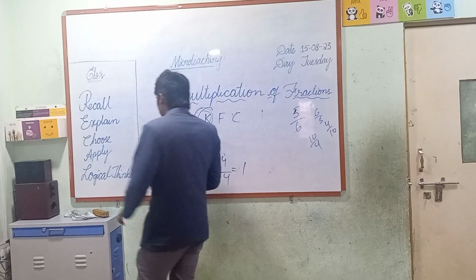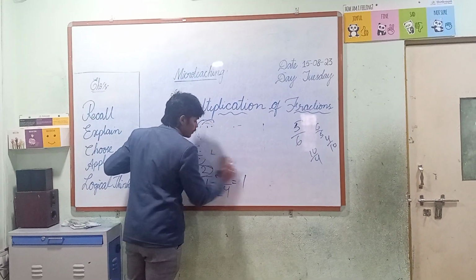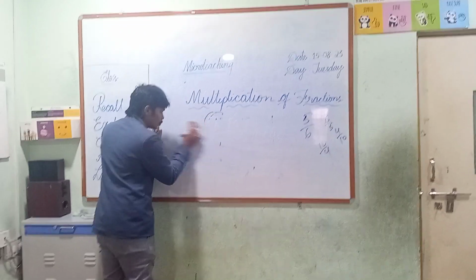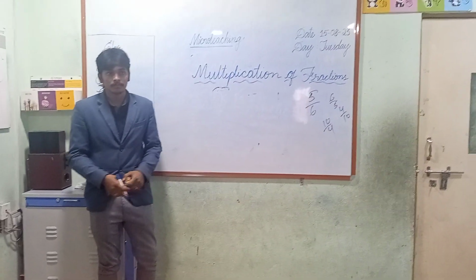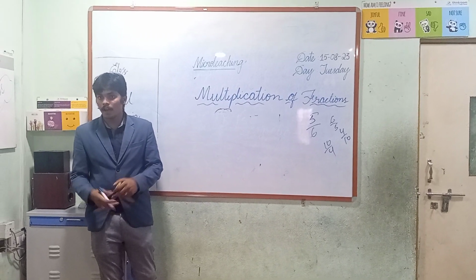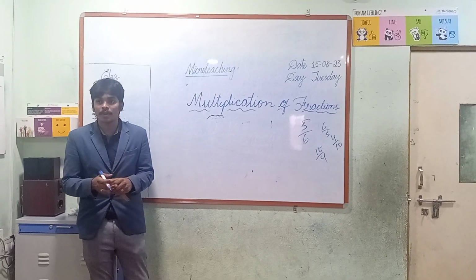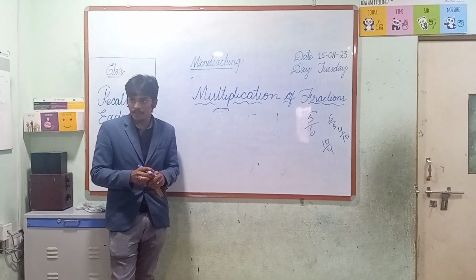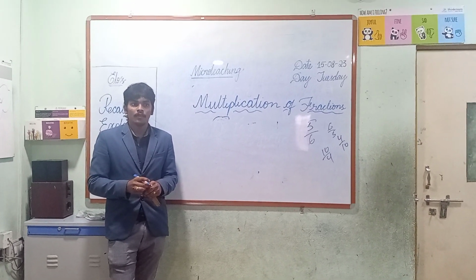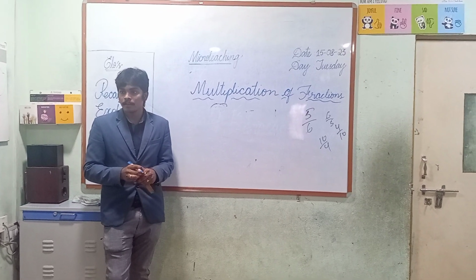Okay, so let us recall. Whenever you are having two fractions and we have to multiply, what do we have to do? Multiply numerator with numerator and denominator with denominator. When you have a whole number and you have to multiply it with a fraction, what do you have to do? Assume that 1 is there in the denominator.